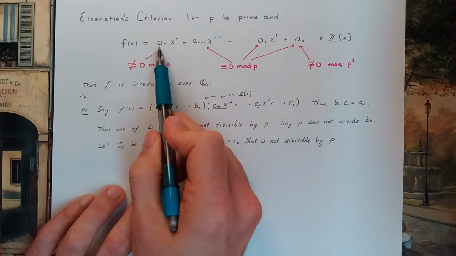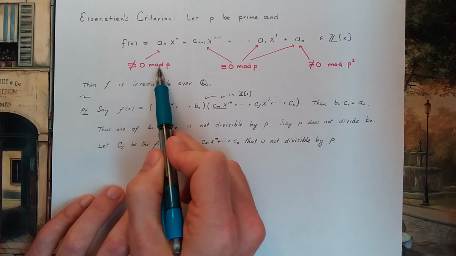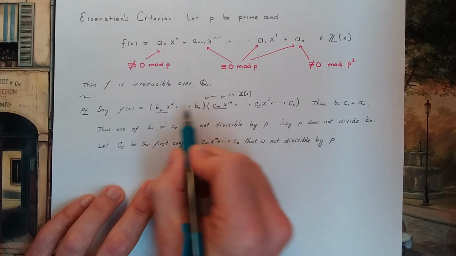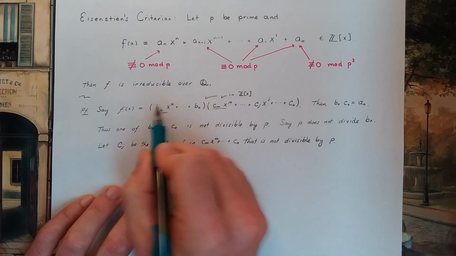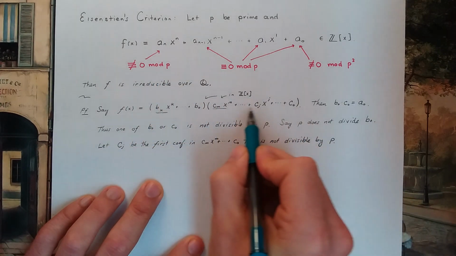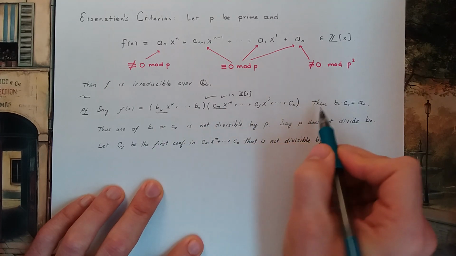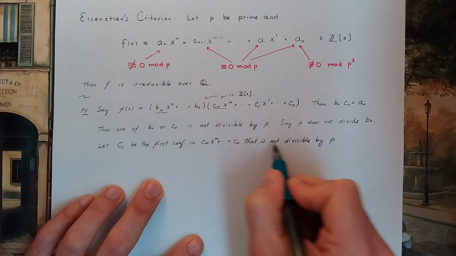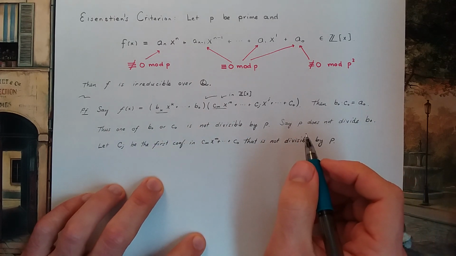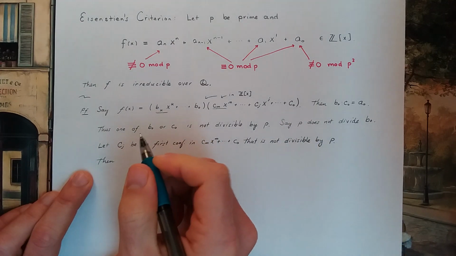That would give me the leading term in my polynomial, and my leading term is not divisible by p, meaning that the product of b_k and c_m is not divisible by p either. So there's got to be a first time that one of these coefficients, reading right to left, is not divisible by p. Let's call that c_j.